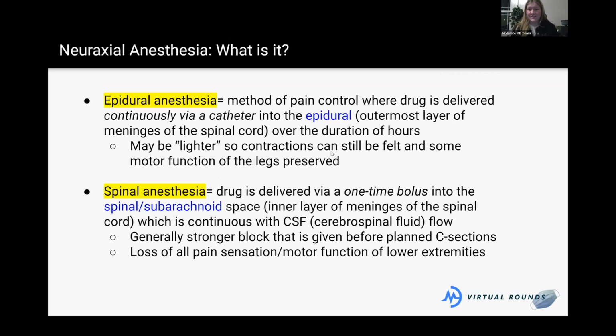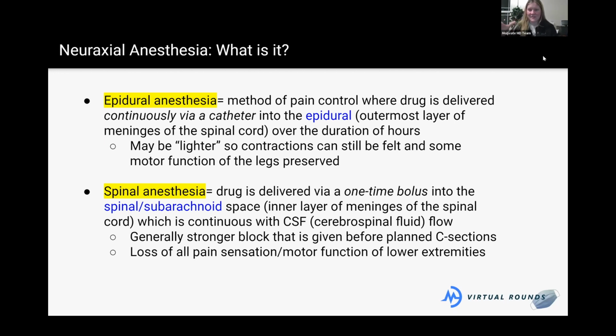So, epidural anesthesia is a mechanism of pain control where the drug is delivered continuously through a catheter, like a really, really tiny spaghetti noodle straw with a hole through it, that delivers it into a space called the epidural space. I'll go through a picture of the anatomy in a couple slides.